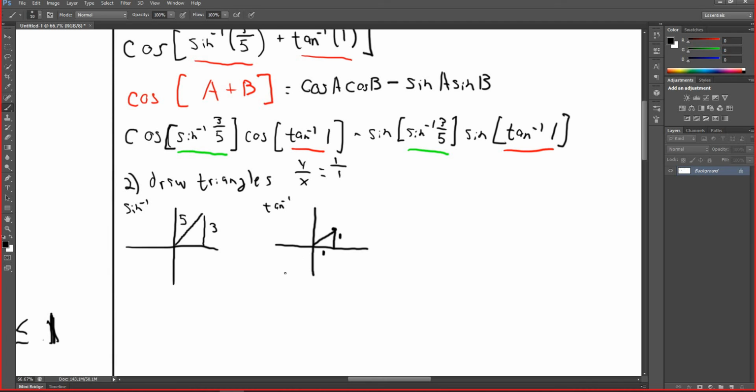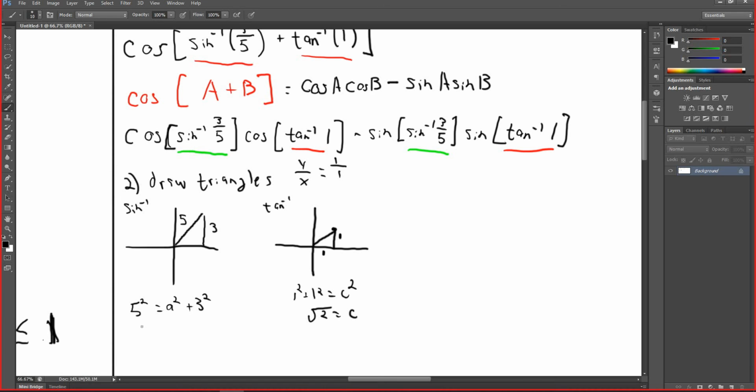There's 1, there's 1. I would then use the Pythagorean theorem, so I'd have 5 squared is equal to a squared plus 3 squared. And over here I have 1 squared plus 1 squared is equal to c squared. Radiuses are always positive, so we get square root of 2 for c.